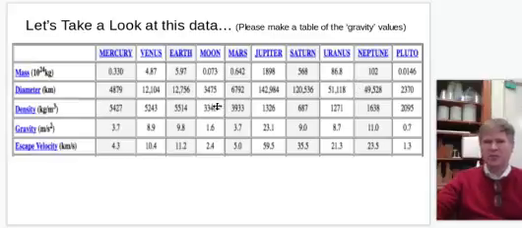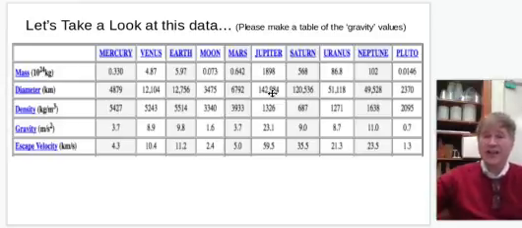Diameters, not necessarily overly important. We can tell Jupiter is the biggest, Saturn is the next biggest, and we can even tell, like if we put Earth, so Earth is 12,756 kilometers. Jupiter is 142,000, almost 143.